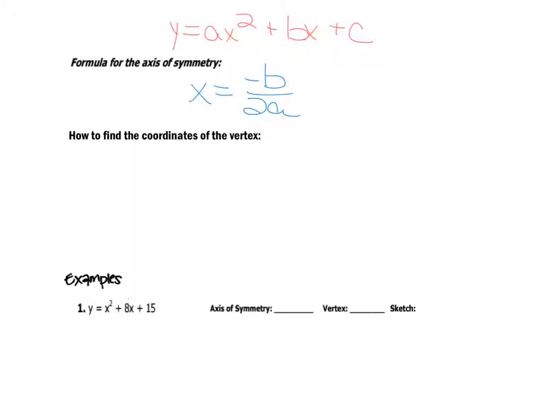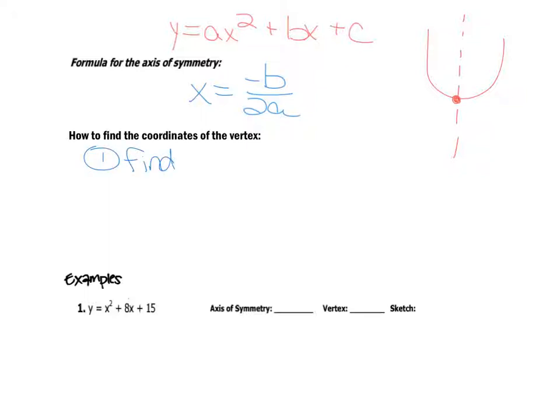Now, once you know that axis of symmetry, well, there's only one point on the parabola that's on that axis of symmetry, right? That's on that line, the vertex. Well, its x value has got to be the same x value as the axis of symmetry. So here's how you find the coordinates of the vertex.